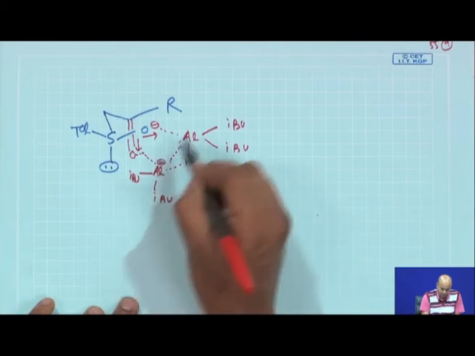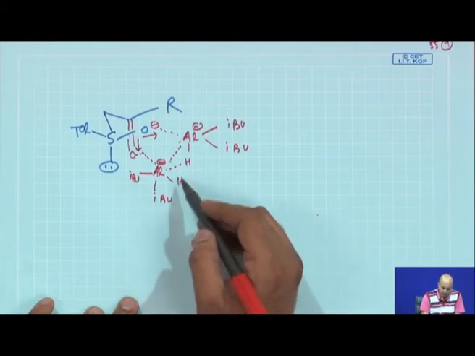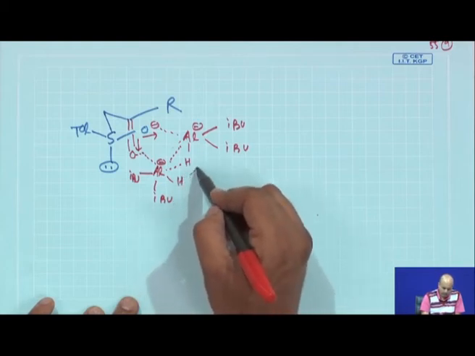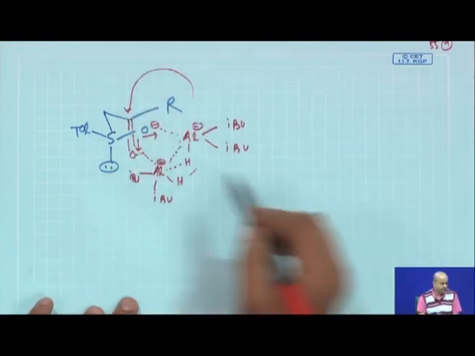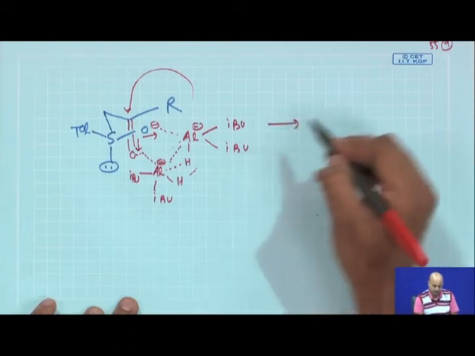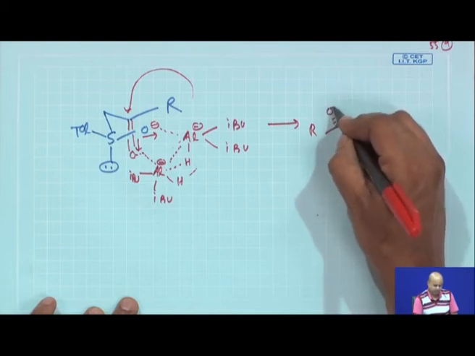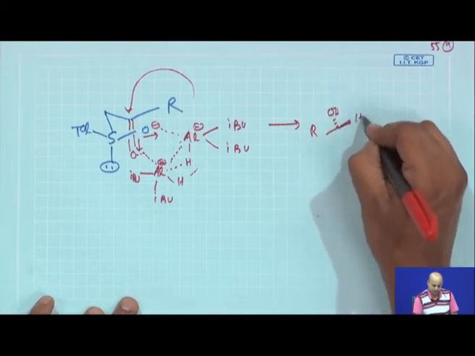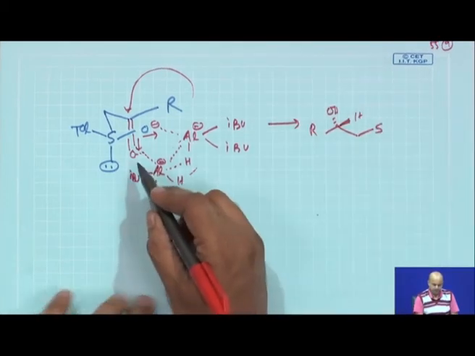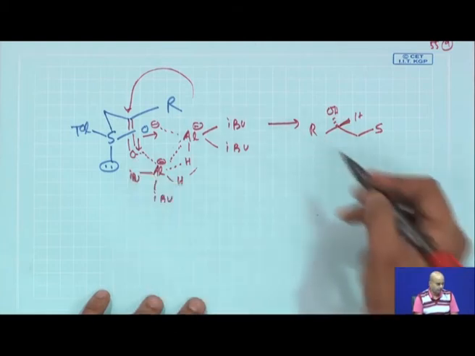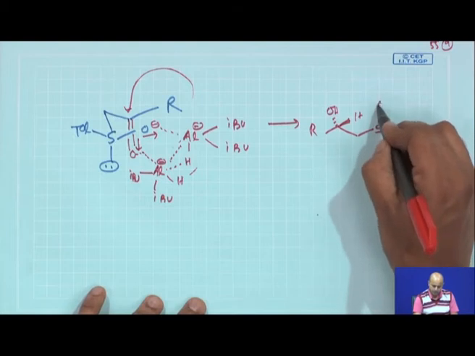Now, this Al minus has this hydrogen. This hydrogen has no other way, it has to attack from the top. In this way, if it attacks, the same way you get the carbonyl face; in one case attack from the Re face, in the other case attack from the Si face, that dictates the whole stereochemistry.